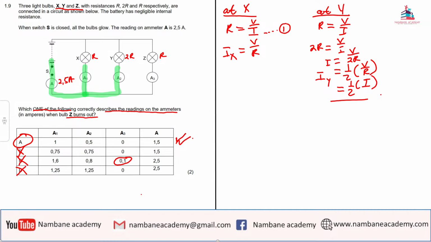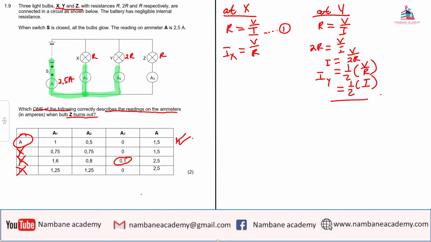We actually have 2 resistors in parallel. So what did we do? We increased the resistance of the circuit, because the more resistors connected in parallel, the lower the total resistance of the circuit.